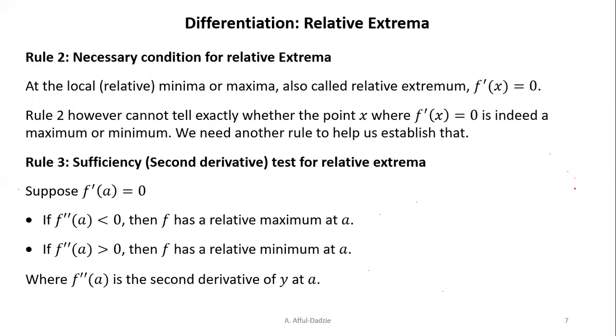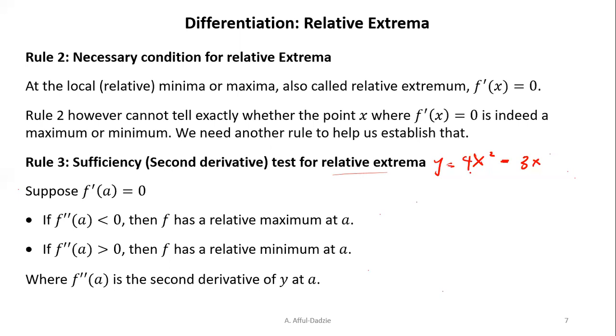So when you are given a certain function, let's say y equals 4x squared minus 3x, the point at which this function changes direction and the rate of change is equal to 0, at that point we believe it's a maximum point or minimum point depending on what we test.